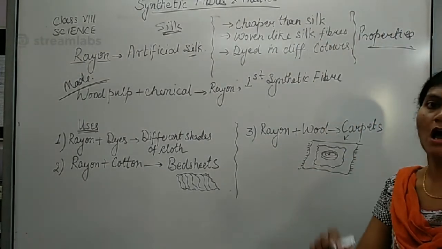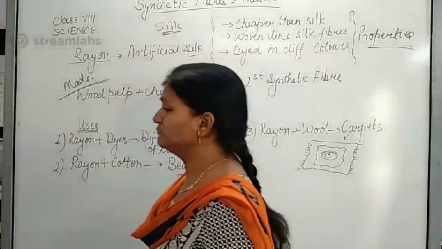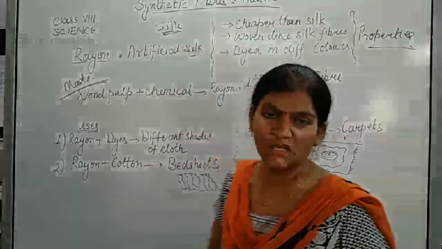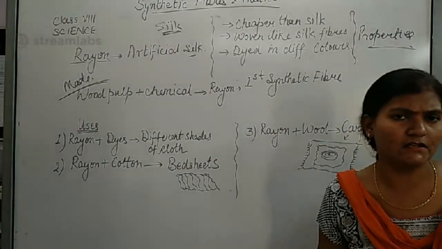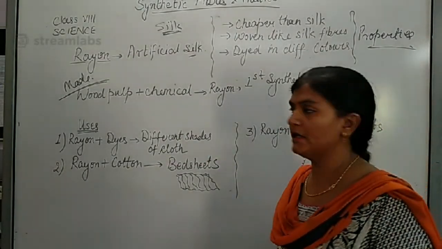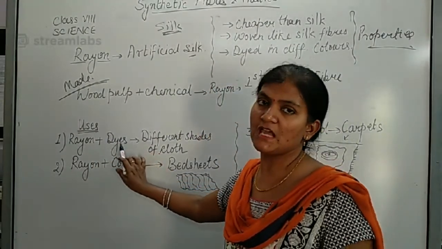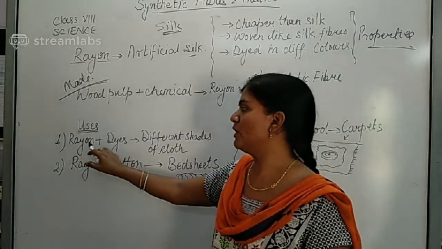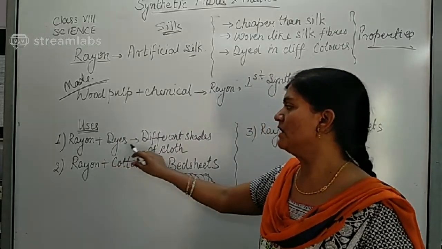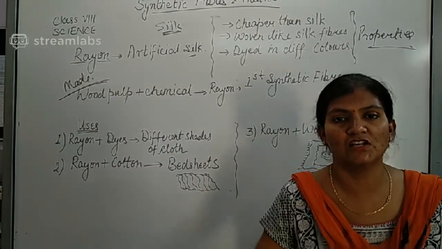So students, now we are left with the uses of rayon. Rayon can have many uses, but some limited uses of rayon are given in your NCERT, and we have to do that only. So when rayon is mixed with dyes, it makes different shades of clothes.